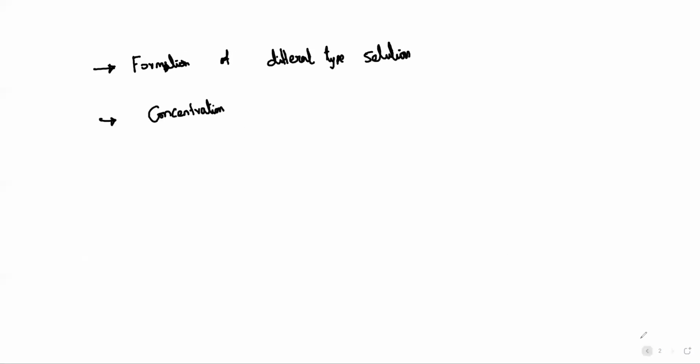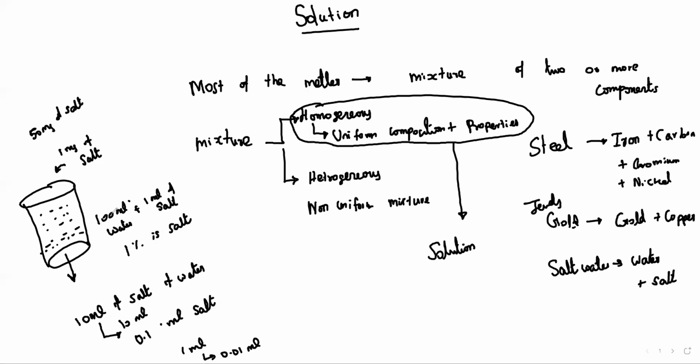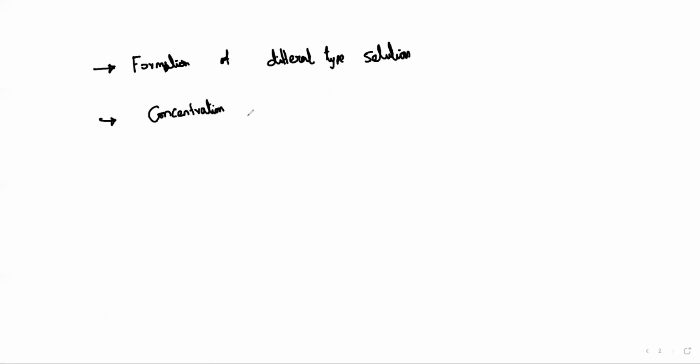I told you, if you add 1 ml of salt in 100 ml of water, this 1% is known as the concentration. If you add 50 ml of salt, it will be 50% concentration. So describing the amount of solute mixed is known as the concentration. We are going to express the concentration of solution in different units.